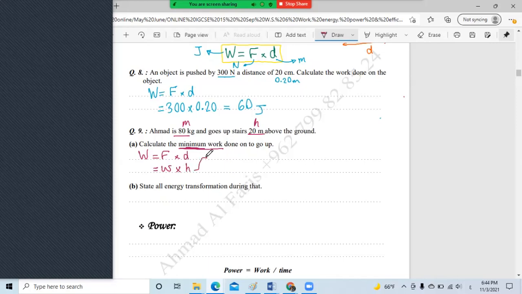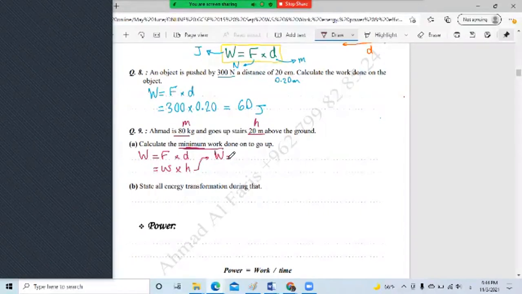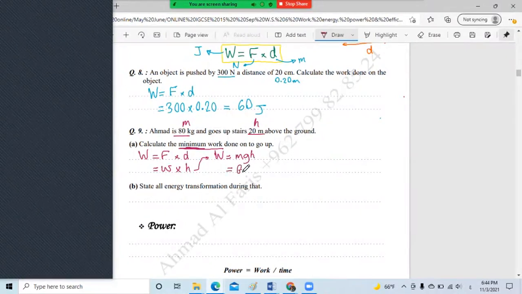And as we learned before, the weight is equal to mg, multiplied by h. So I'm talking about gravitational potential energy.